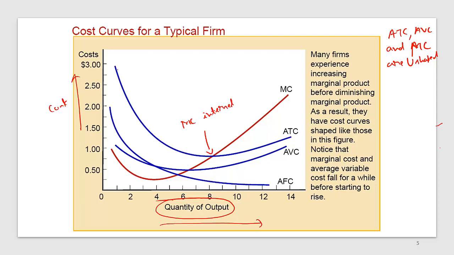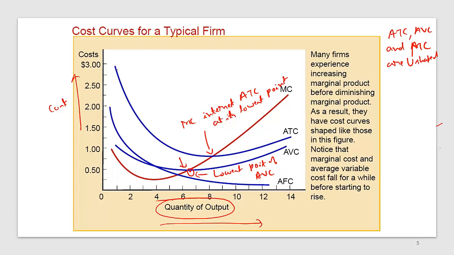Same is true for average variable cost. Marginal cost intersects at the lowest point of the average variable cost. So this is the lowest point of average variable cost.